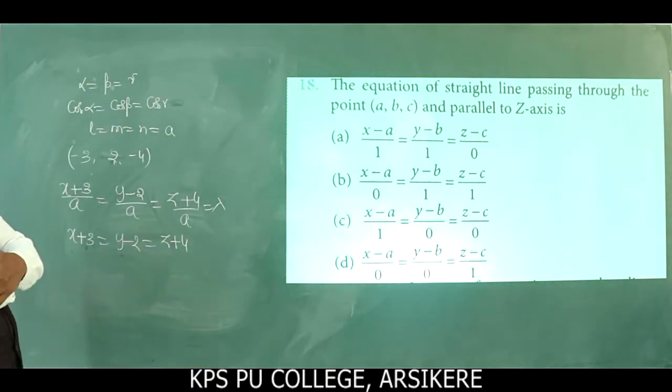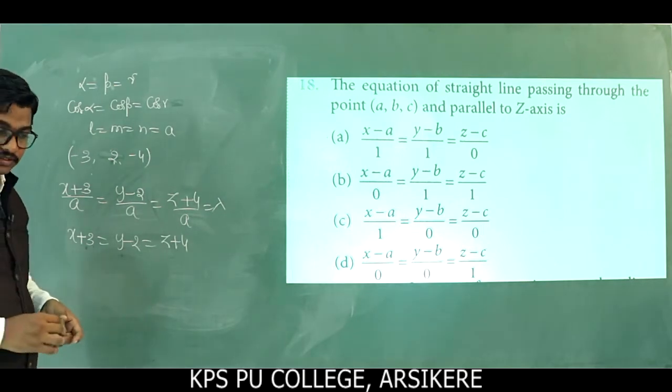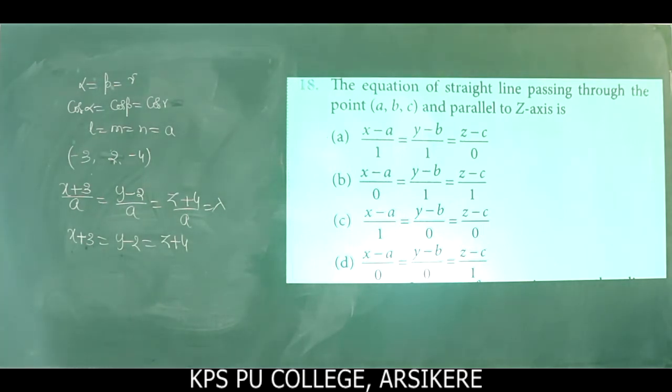The equation of a straight line passing through the point (a, b, c) and parallel to the z axis. Parallel to the z axis means the direction cosines of the z axis as well as the line are equal, because the line is parallel to the z axis.